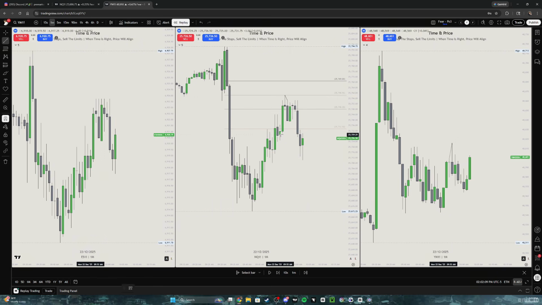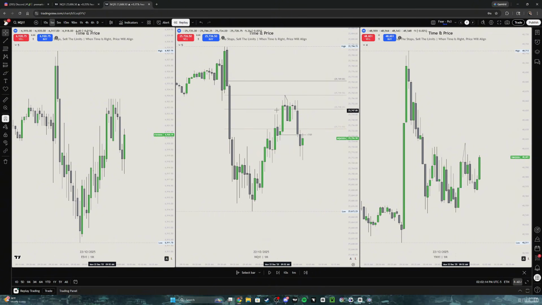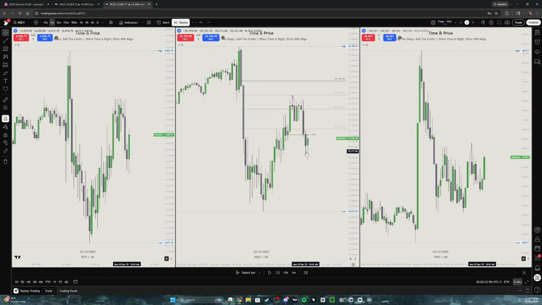In that displacement away, we then get a 1 minute CISD. The reason we're drawing that out and not this out is because this is where the highest high is. This is a lower high. So we will look at the previous up close candles prior to the higher high. That's our CISD. This CISD could have been my initial entry, but I wanted to see just a little bit more confirmation because at this moment I was still a little bit uncertain just based off what we're presented with.